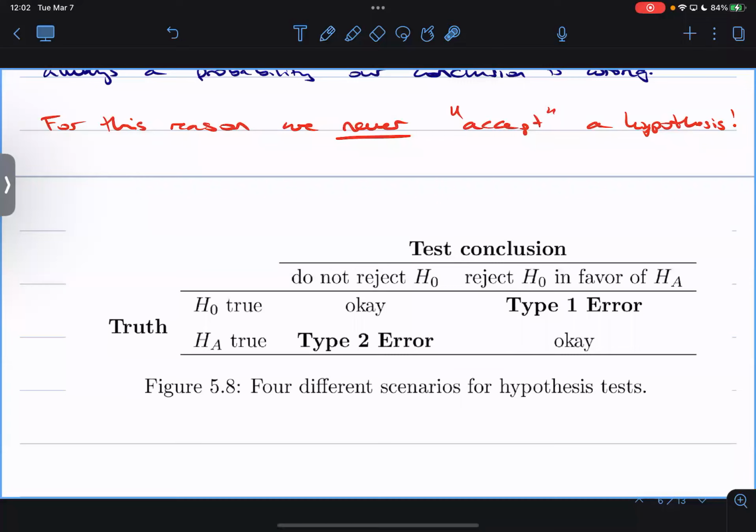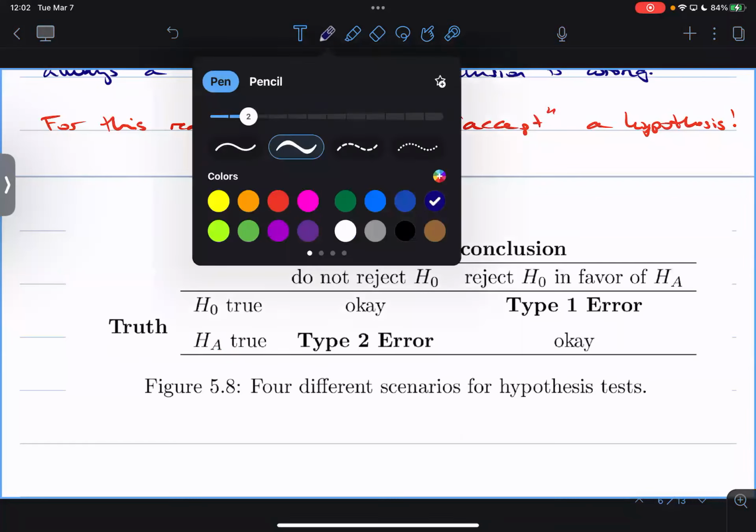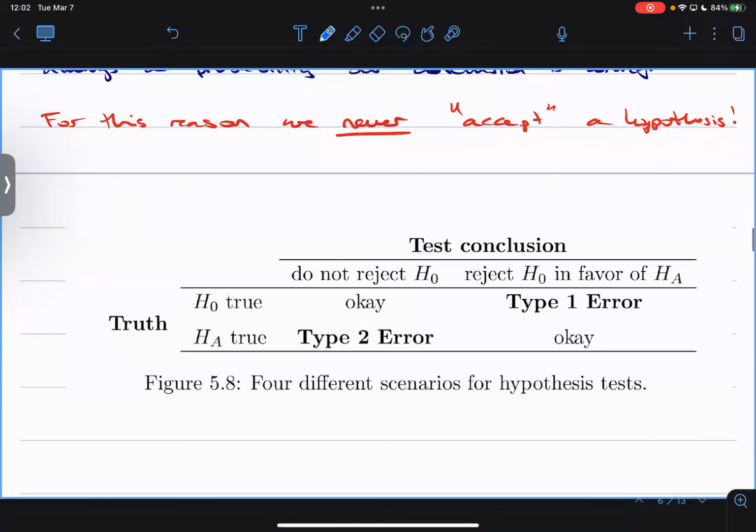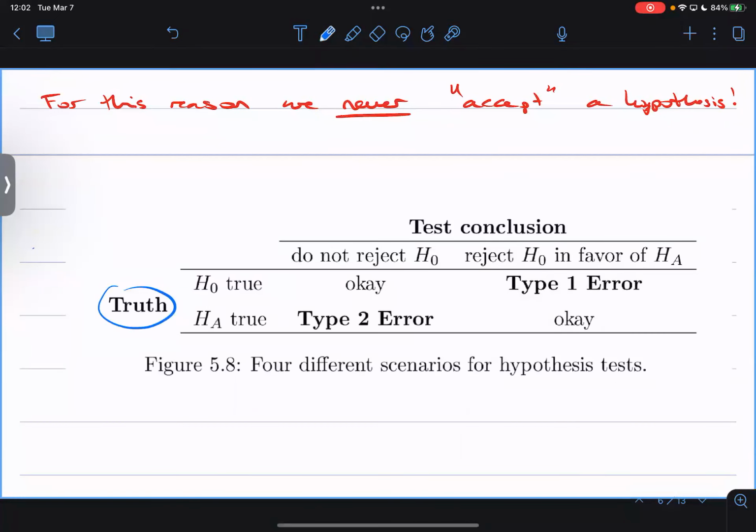And so either H naught is true or it's false, which means the alternative is true, right? And so here, what I want to make a note of is we will never know the truth about the population.